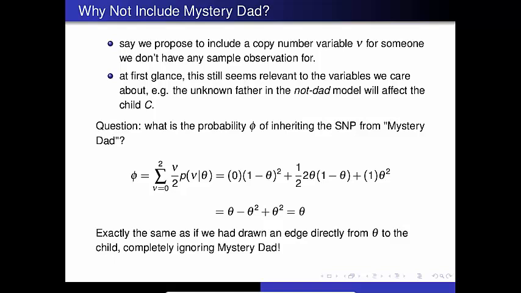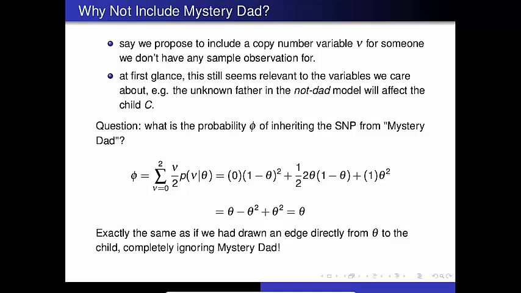And we could, of course, put an explicit random variable representing the genetic state of mystery dad. Here I've proposed a hidden variable nu, looks like a little v, representing mystery dad. And then I just go through the math here.